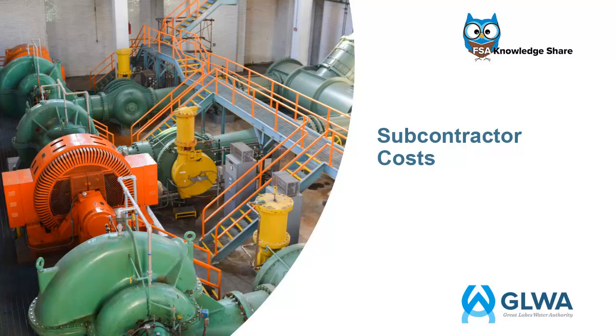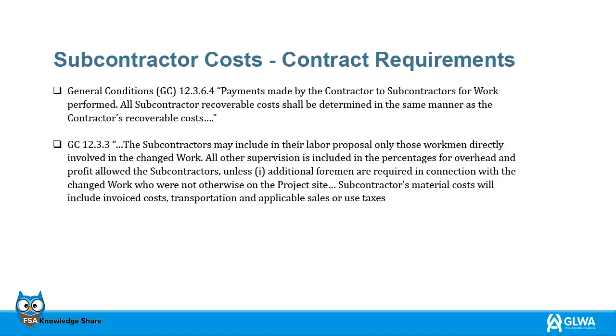Our contract stipulates that the subcontractor shall provide the same level of cost proposal detail as required for the prime contractor. General Conditions, GC 12.3.6.4. Payments made by the contractor to subcontractors for work performed. All subcontractor recoverable costs shall be determined in the same manner as the contractor's recoverable costs.